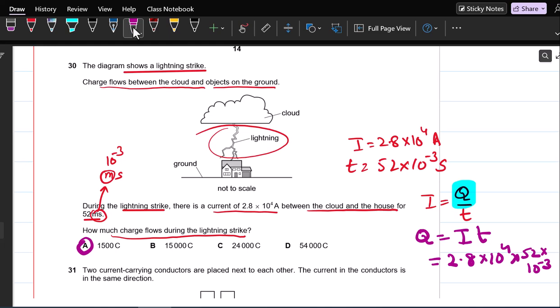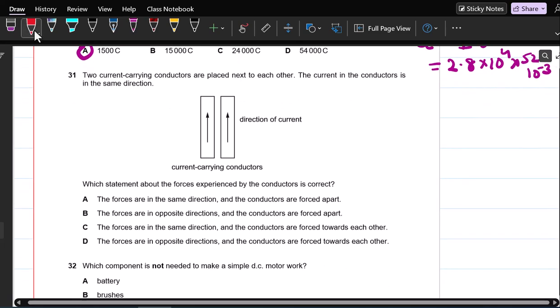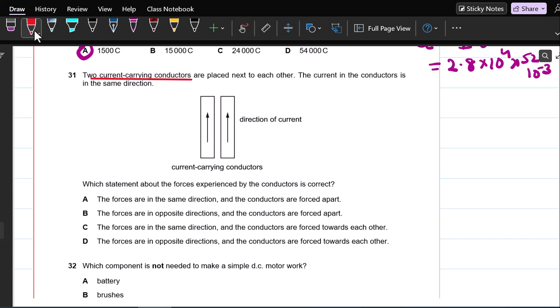Moving to question 31. Two current carrying conductors, means conductors in which current is flowing, are placed next to each other. The current in the conductors is in the same direction. Okay, so you have to remember that when current is flowing in the same direction between two conductors, they attract each other.